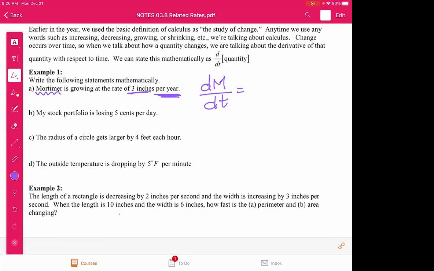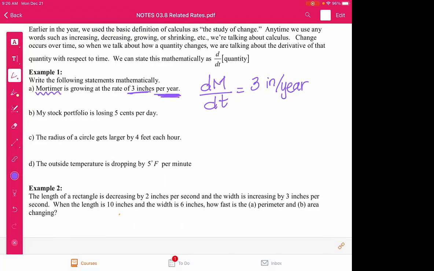So the rate at which Mortimer is growing is dm dt, and you would express that as 3 inches per year. And he's not shrinking, he's growing, so it's a positive 3 inches. That's important to note.